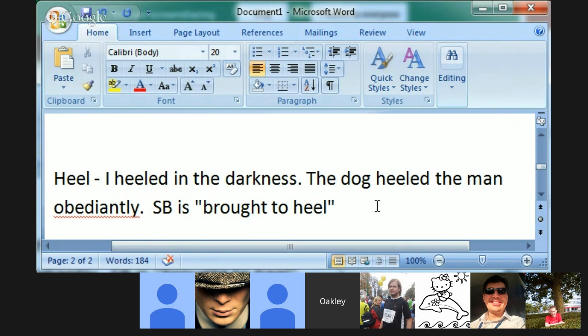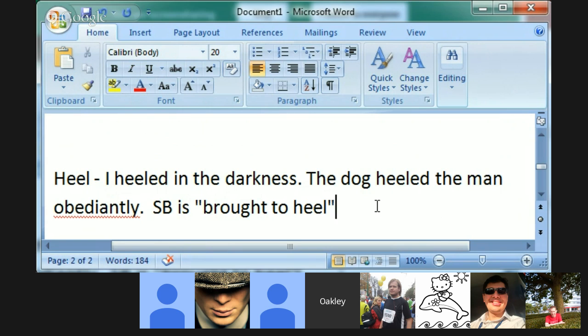A person can be brought to heel. In fact, a dog can be brought to heel, but that is quite literal. More idiomatically, if someone is brought to heel, maybe they were a little out of bounds. Maybe their behavior was not quite what the master or the boss wanted.